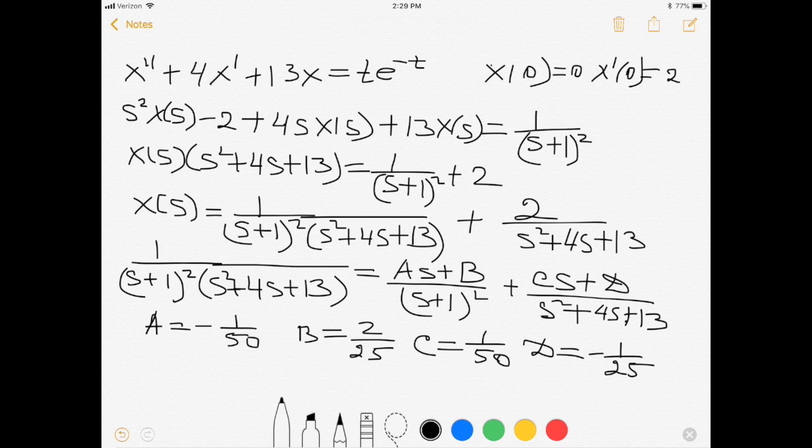Okay. Use these coefficients. We rewrite the combination of our function and continue working with X(s). Now I clear a little bit. We need more space.